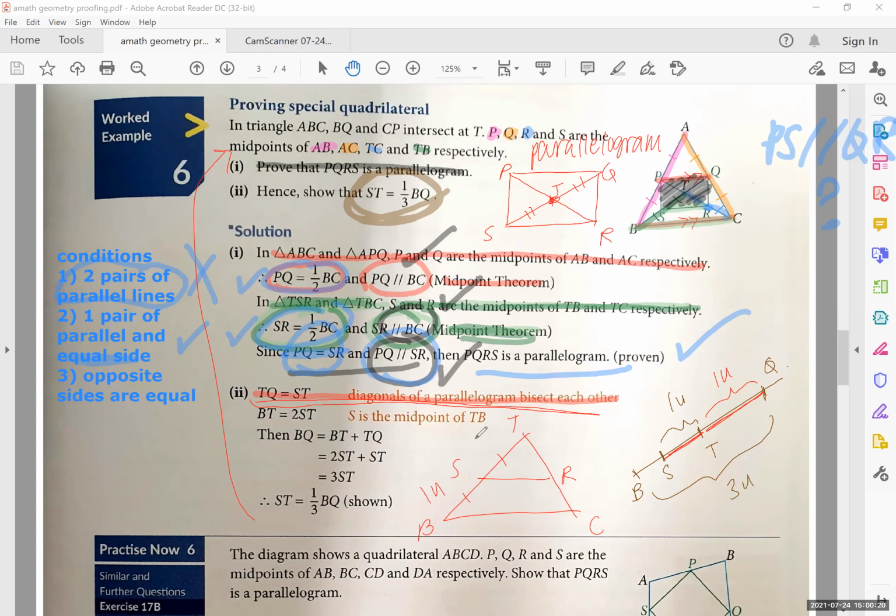So I know that BS and ST are equal to each other because S is a midpoint of BT given by the question. So I know that here is also 1 unit. So hence, if I know that BS is 1 unit, ST is 1 unit, and TQ is 1 unit, we can say that BQ is 3 units. Agree? So isn't it BQ is 3 of ST? And hence we can say that ST is 1/3 of BQ. Shown. The end.